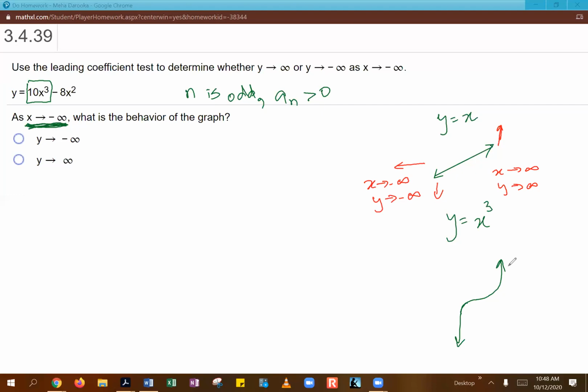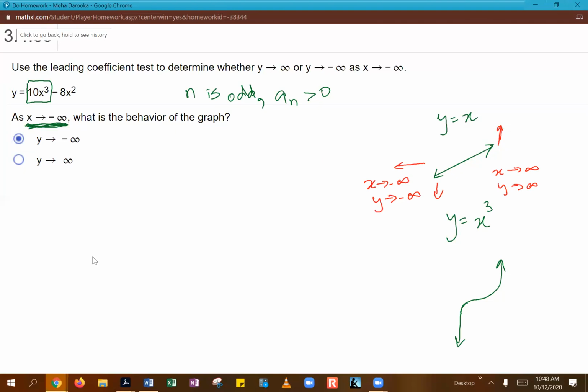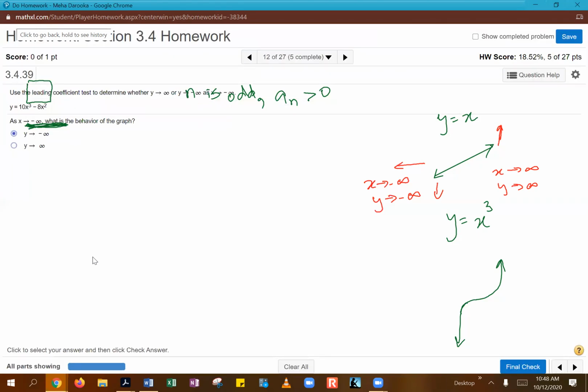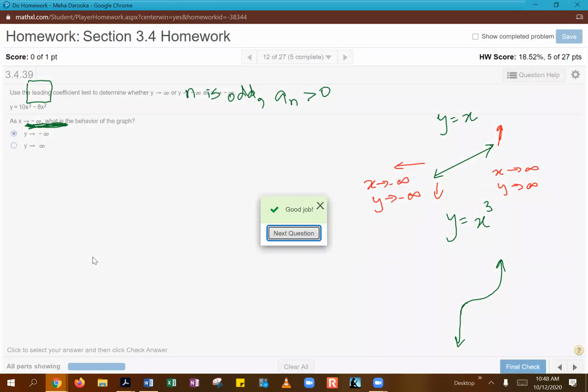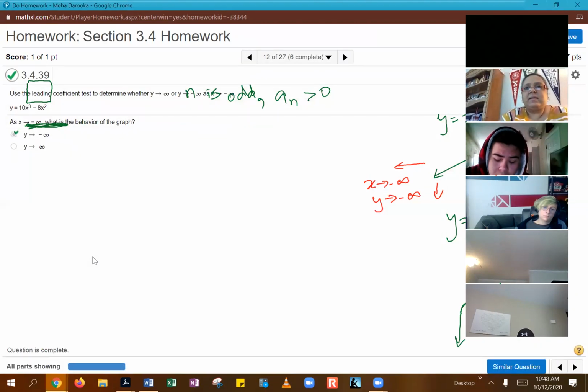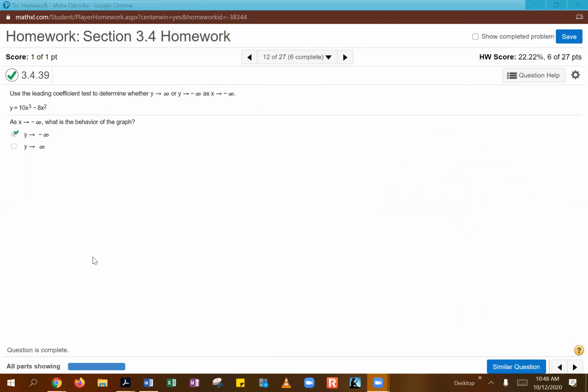And of course, that's the same thing happening here with the cube function. So as x goes to negative infinity, y also goes to negative infinity. Okay. So use that table or that chart, however you want to look at it, to help you through these.